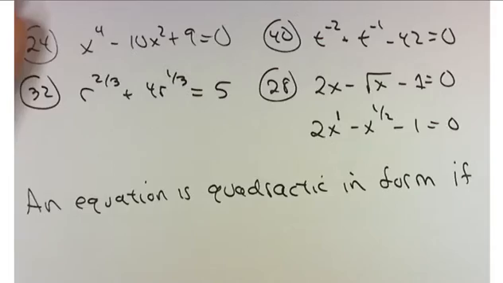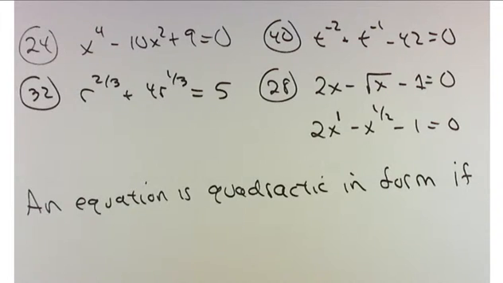So help me finish that off. I'm going to run and grab something. I'll be right back. But see if you can't come up with a definition for that. And look at the exponents.